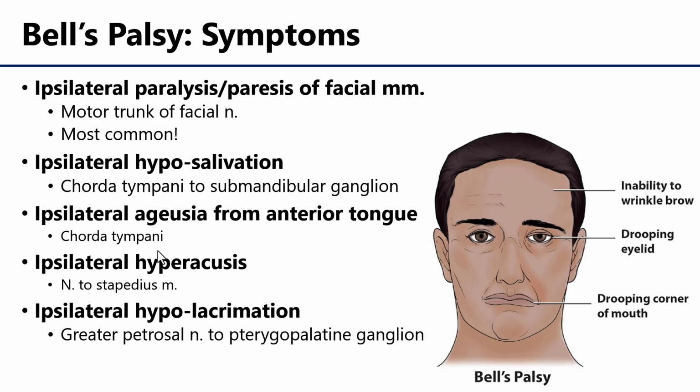So let's dissect what that means. Ipsilateral means on the same side of the body, same side as presumably the lesion to the facial nerve. We can contrast that with contralateral, which means on the opposite side of the body.